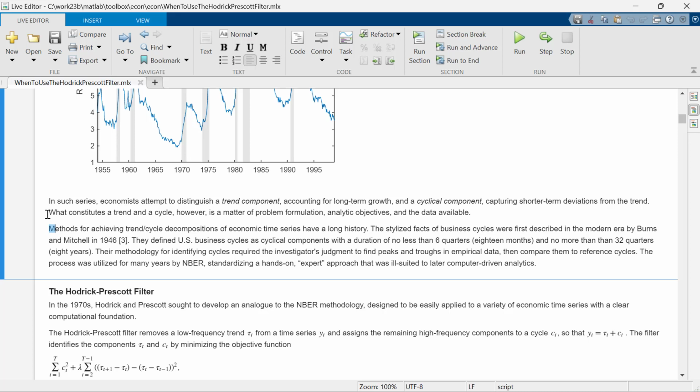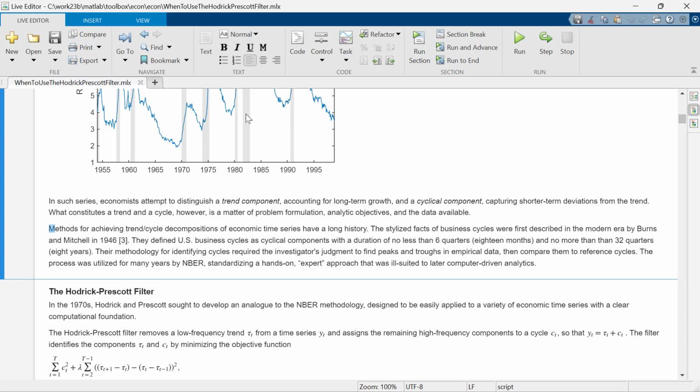The most detailed study of U.S. business cycles in the modern era was originated by a pair of economists named Burns and Mitchell after the Second World War. They worked for NBER, the National Bureau of Economic Research, and their method was to have a researcher identify the peaks and troughs that they saw in the data and then compare the data to a series of reference charts that they provided to allow you to determine the periods of the cycles that you saw in the data.